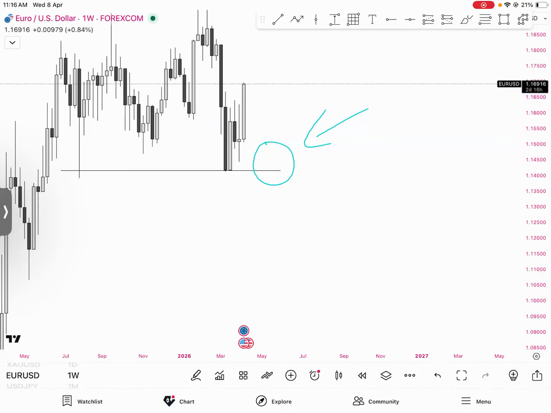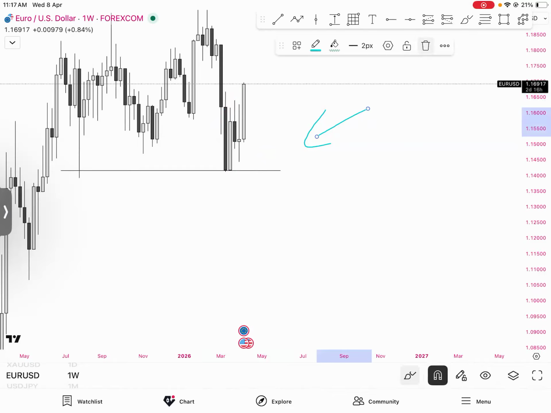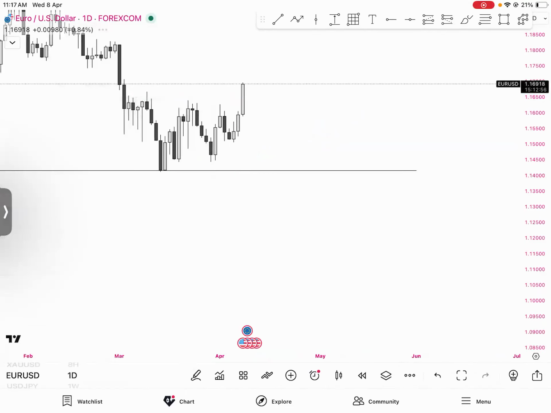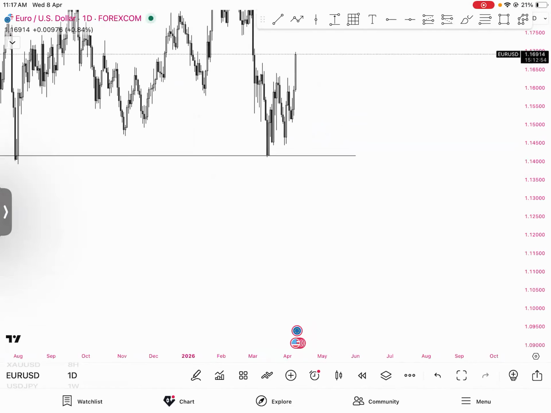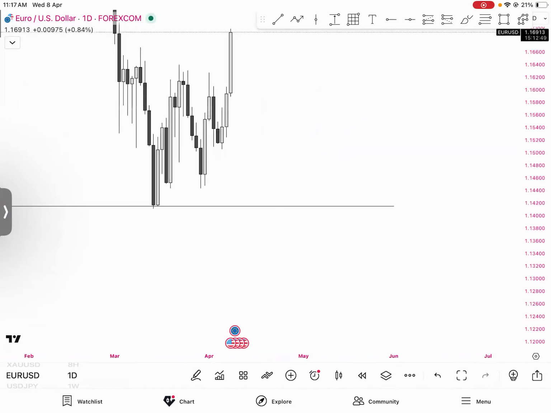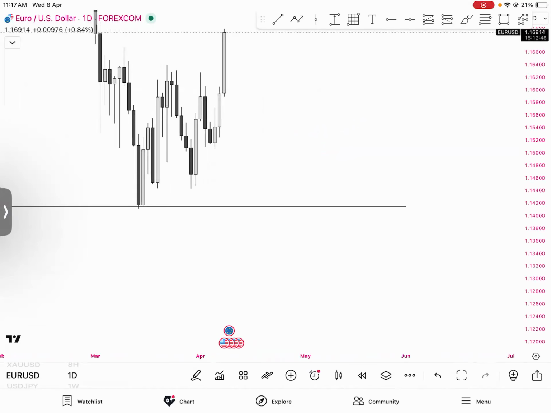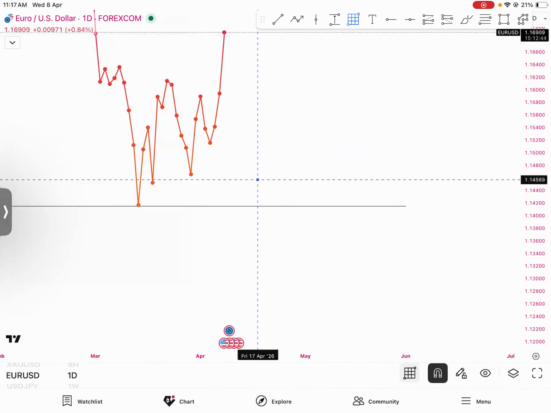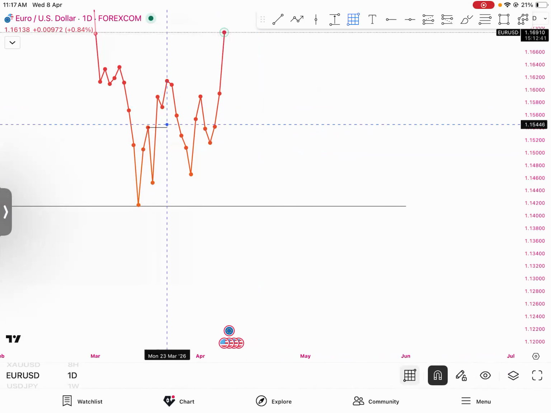If you go for a daily time frame, what are you seeing on the daily time frame? Let me go for it. If you go for the daily time frame here, you can check what happened on the daily time frame. The daily time frame broke the internal structure here. Did you understand? This is the internal structure.